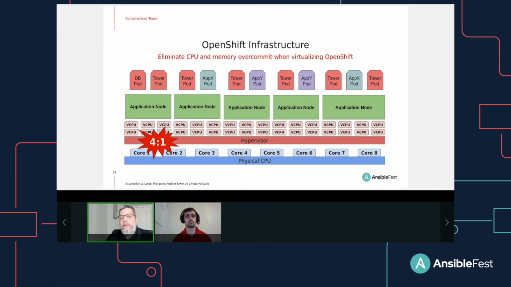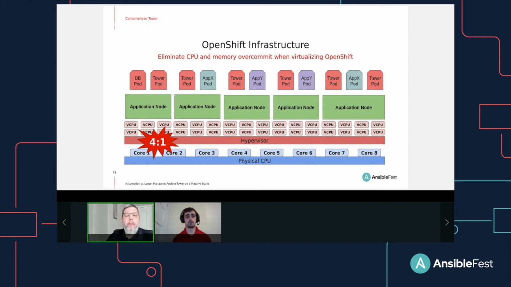This results in a 4-to-1 overcommit of virtual CPUs to physical CPUs. This causes resource contention within OpenShift and the hypervisor when allocating CPU resources and trying to run the workloads. Ideally, for OpenShift, we want a 1-to-1 relationship of virtual CPUs to physical CPUs.